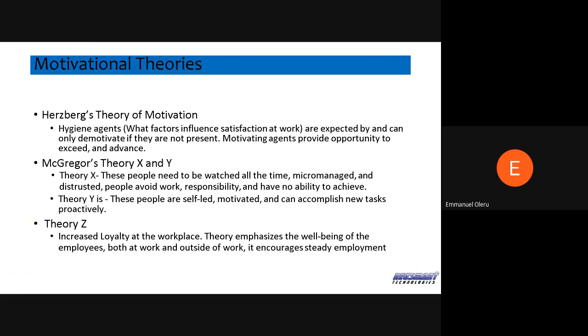There are some other theories when it comes to motivation. This is just for your information. We have Herzberg's theory that talks about hygiene factors. We have McGregor's Theory X and Y and Z. For the X people, there are people that need to be watched at all times. You have to micromanage them in your team.